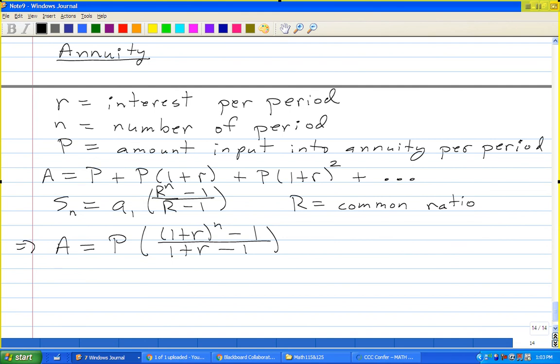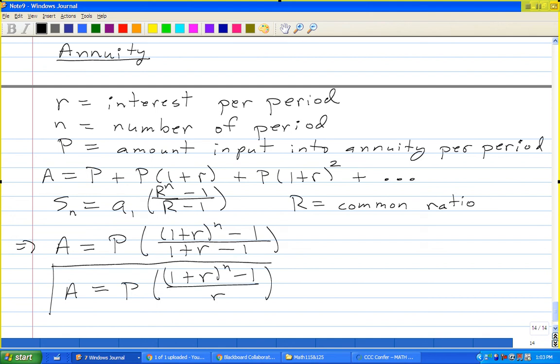Let me write the formula down. So let me cancel out the ones, and so A equals P times (1 plus R to the n minus 1) over R. So this says that this is the amount of money you have in a particular fixed annuity.